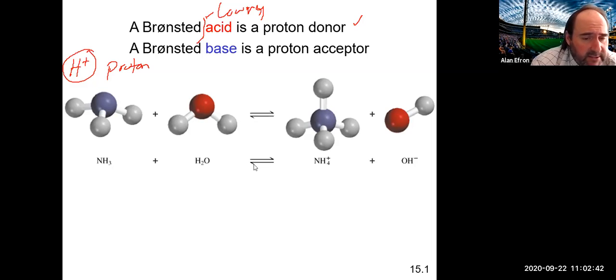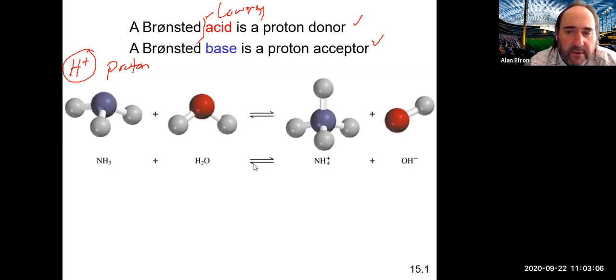So a Bronsted-Lowry acid is something that will give away an H plus, not just the H, but the plus is important as well. And a Bronsted-Lowry base is a proton acceptor. That is something that will accept an H plus. So our acid gives away the H plus and our base accepts the H plus.